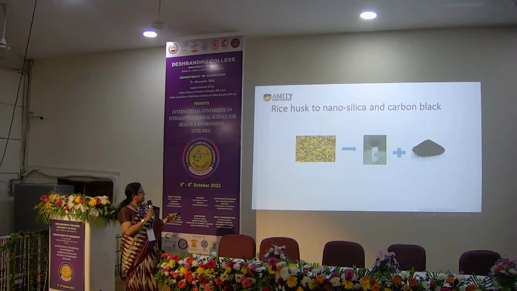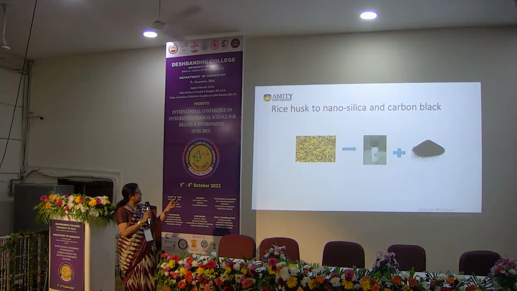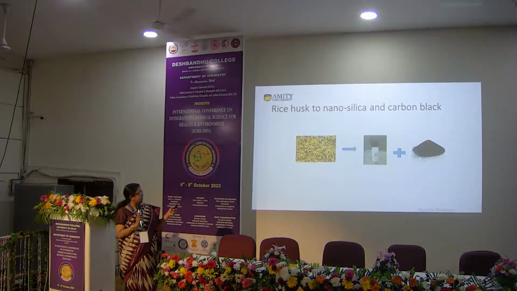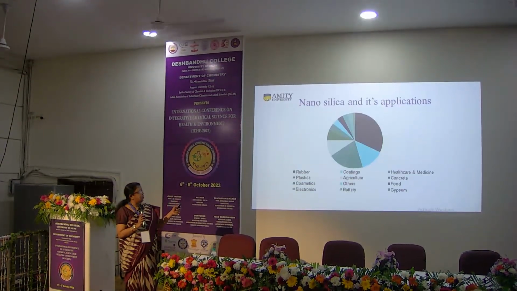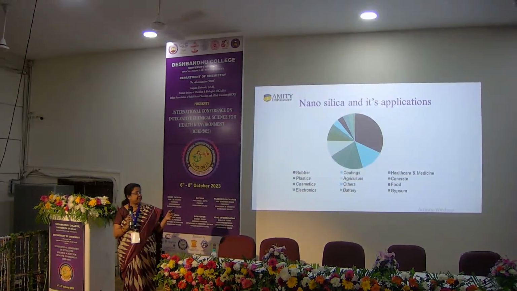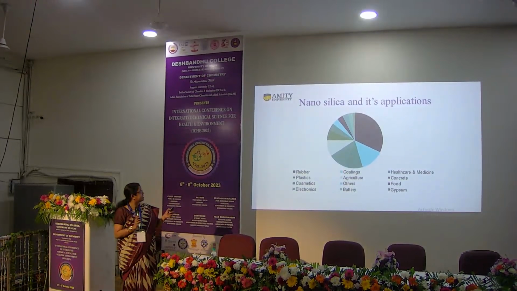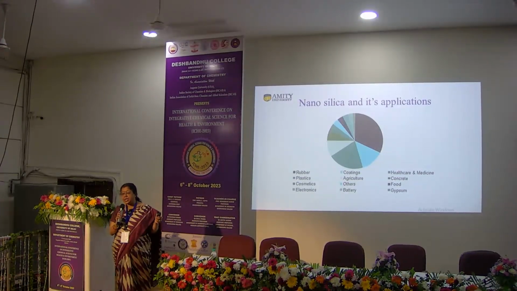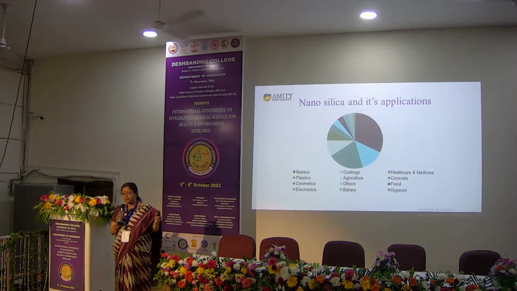So this is the rice husk and the schematic. From it we can get the white color powder, silica, nanosilica, and the carbon black. Now, why are these two important? First, we will discuss the silica. Nanosilica especially has very good mechanical improvement capacity.